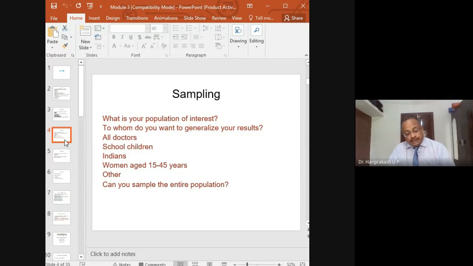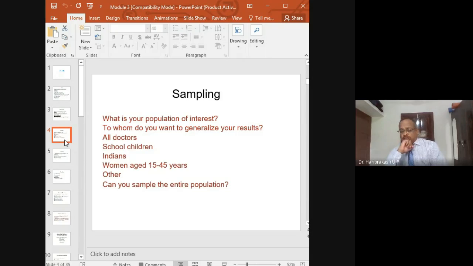So that should be very clear. The definition of population relates to your study. The population depends on your study. So which area you want to study, and to whom you want to apply or generalize the findings of the research, that becomes your population.